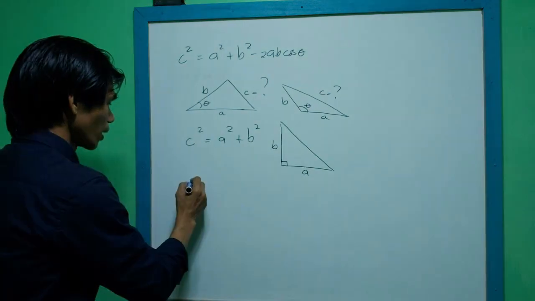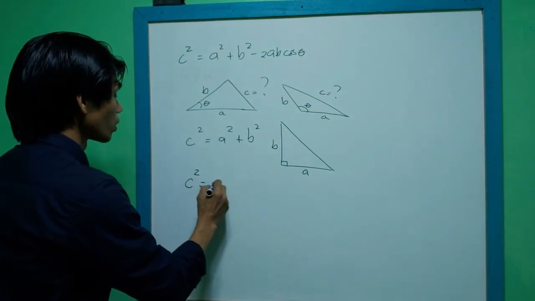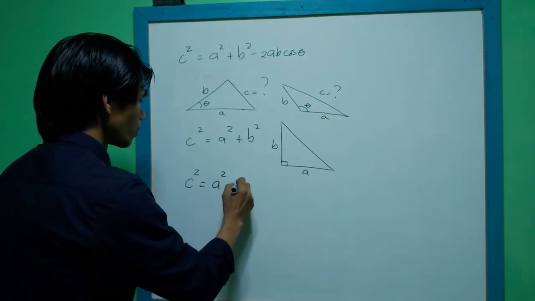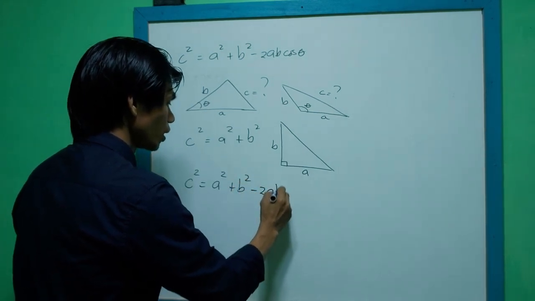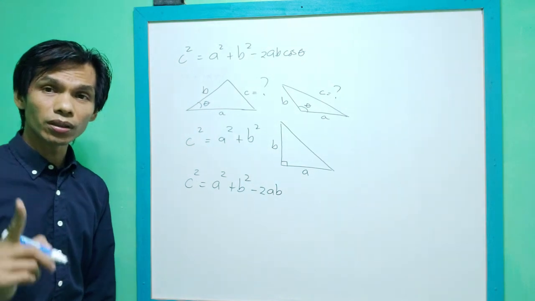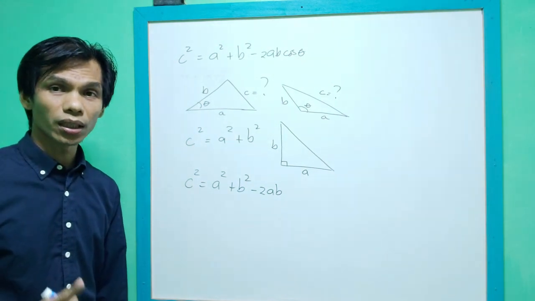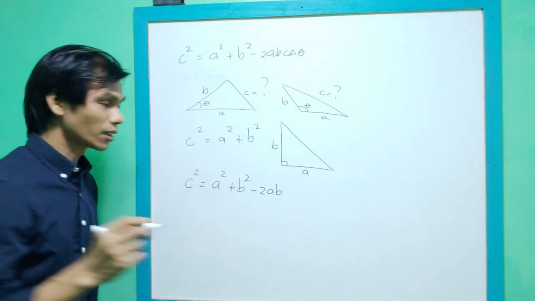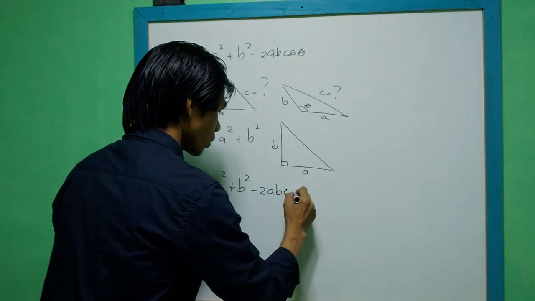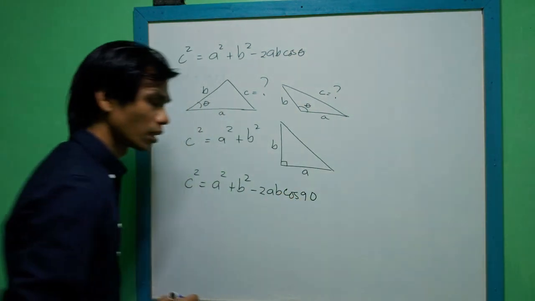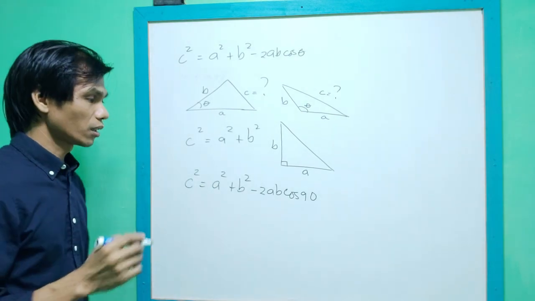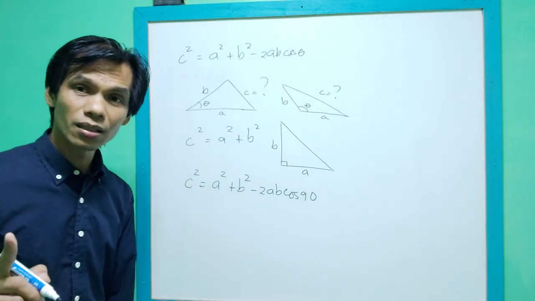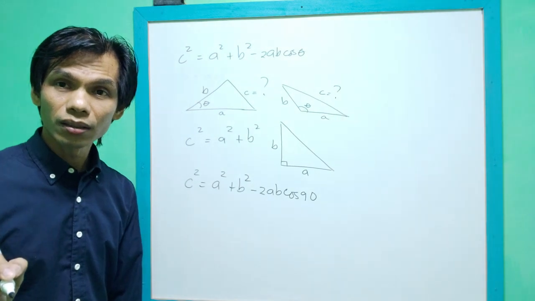So for example, ilagay natin c squared is equal to a squared plus b squared minus 2ab cosine of the included angle theta. Ano yung included angle natin? 90 degrees. So cosine of 90. Try nyong i-calculate kung ano yung cosine 90.